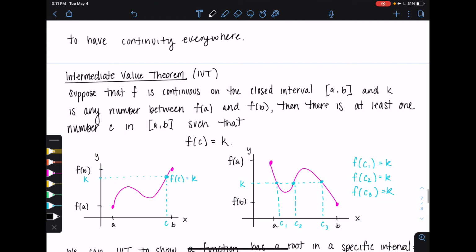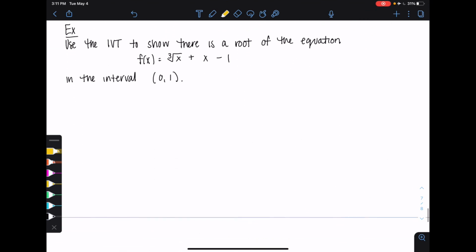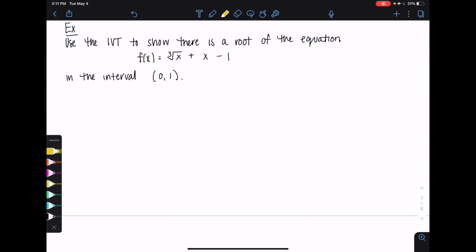First thing though, we have a statement right here. Suppose f is continuous on a closed interval. I need to guarantee that happens to even apply this intermediate value theorem. But this is a root function and a polynomial. It's continuous everywhere because it's a cube root. You can plug whatever you want into the cube root.